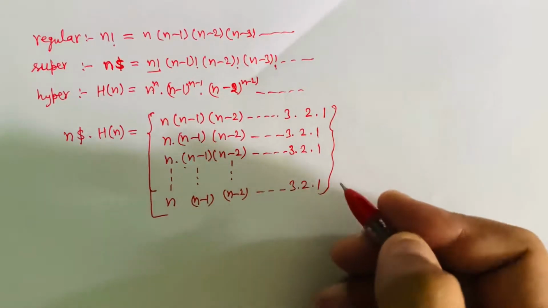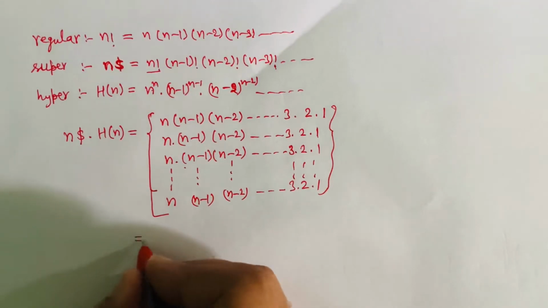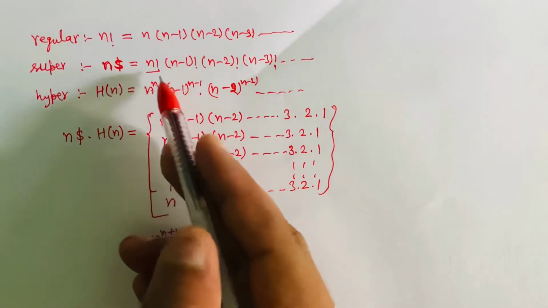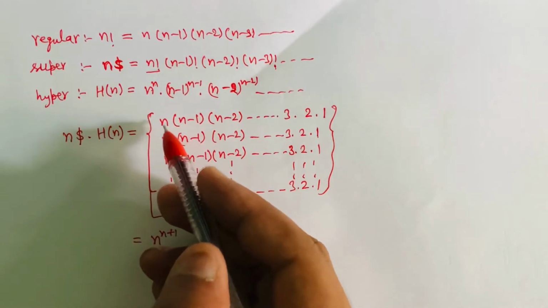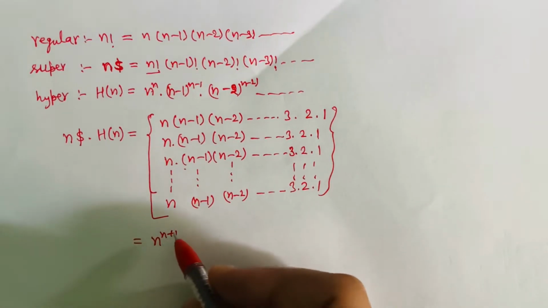So what will be the conclusion? We can write n to the power n, and here is one more n, so we can write n to the n plus 1.